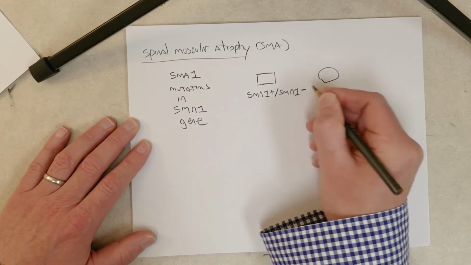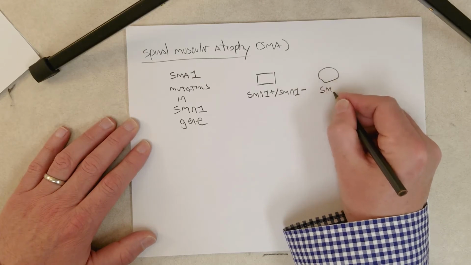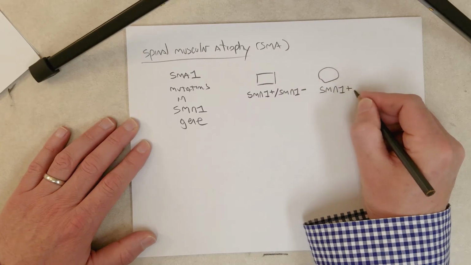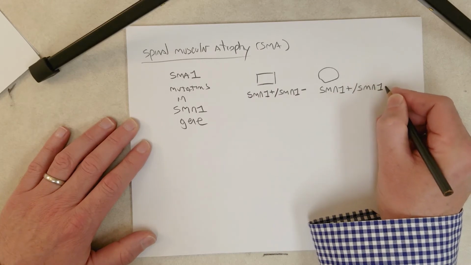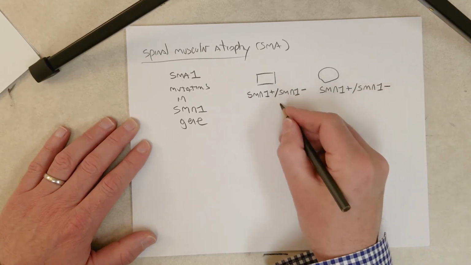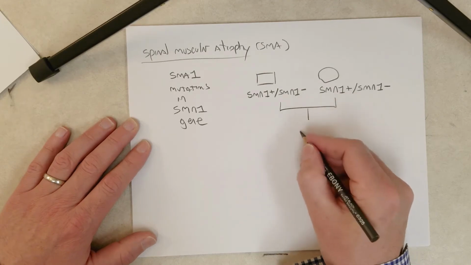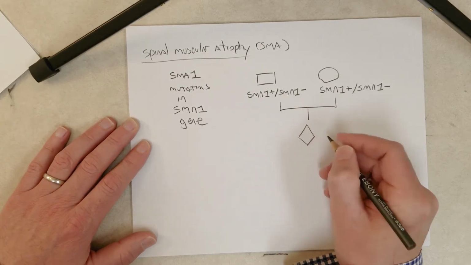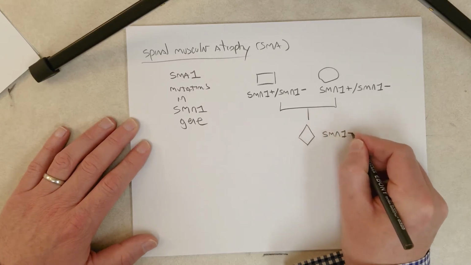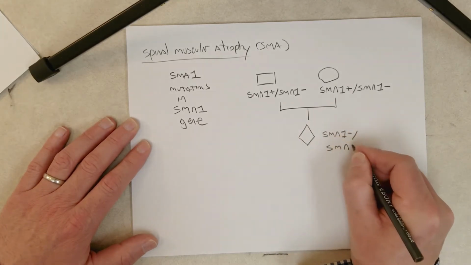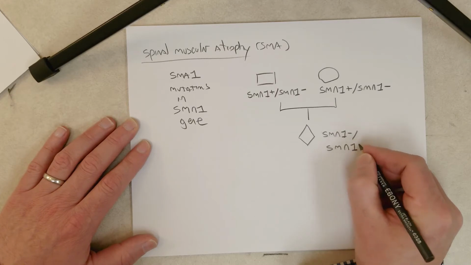So each parent is heterozygous for a functional copy of SMN1 and a null allele of SMN1. And there's a 1/4 chance of them producing a child that is homozygous null for the SMN1 gene.